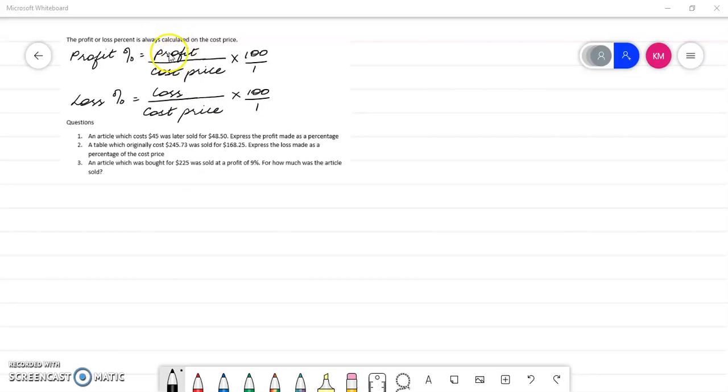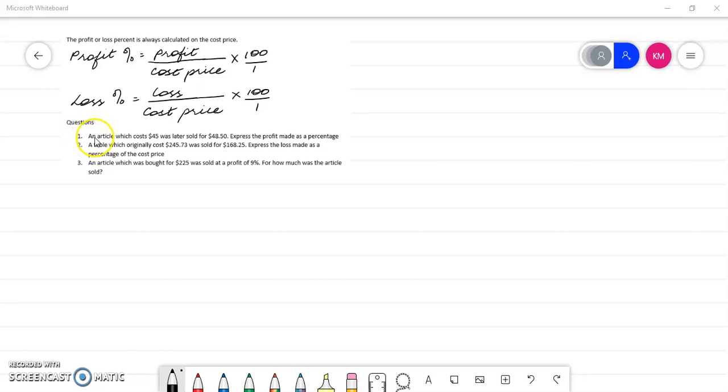Now, if I put profit over my cost price and multiply it by 100 over 1, what I am really doing is finding what percentage of my cost price was my profit, or what percentage of my cost price is my loss. So I have 3 questions here, and we are going to work them out together.